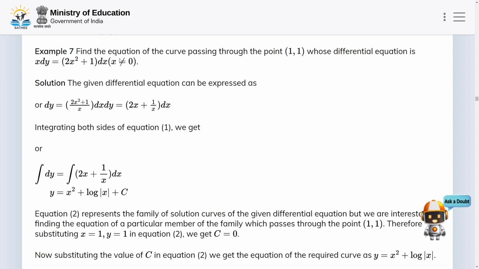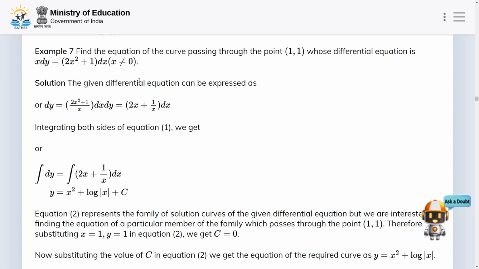Solution curve means you have to find the solution for this, and whatever function you get, that solution function represents some curve, and that curve will be your solution curve. You are given that the function exhibits this property: if you plug in x is equal to 1, you will get y is equal to 1.